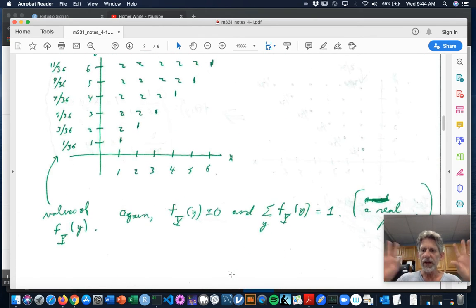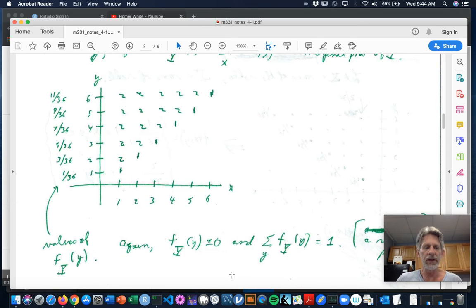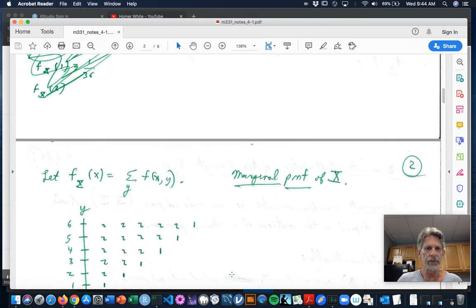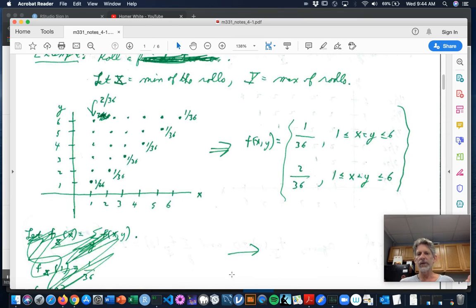Another way, by the way, that you can just tell right off that these random variables are dependent is just looking at the sample space graph. Like if somebody told you that capital X had turned out to be 1, then anything from 1 through 6 would be possible for the max. You know, if the min is 1, well, the max still could be anything from 1 to 6. But if somebody tells you the min is 2, then the max can't be 1 anymore.